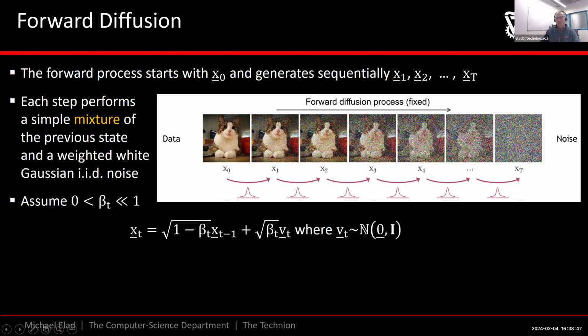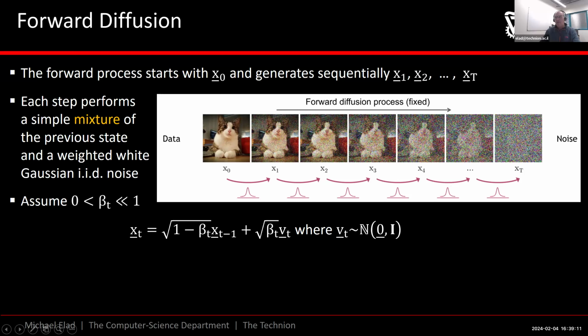And the equation says, take your x_{t-1} image, multiplied by a coefficient that is nearly 1. Look, beta is very close to 0, so nearly 1. So you shrink a little bit the energy of the image. You then add random Gaussian noise, canonical noise, multiplied by a very small number, something that is close to 0.